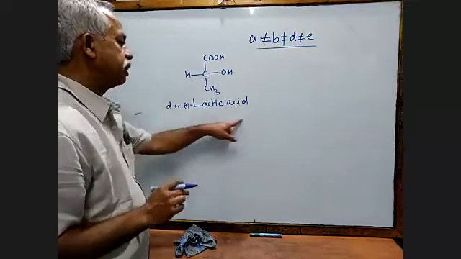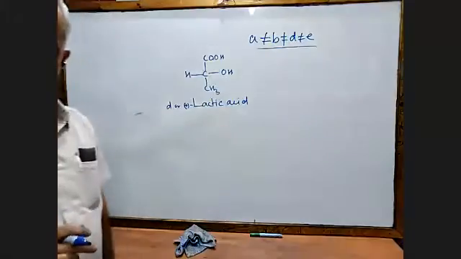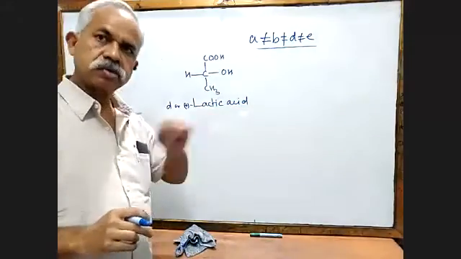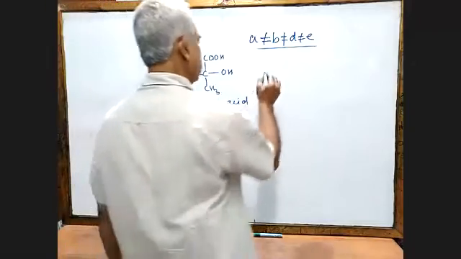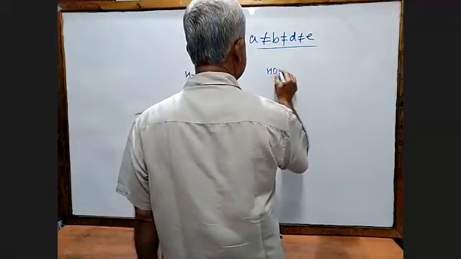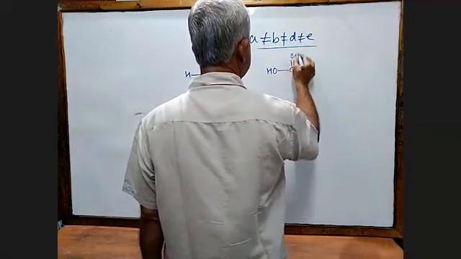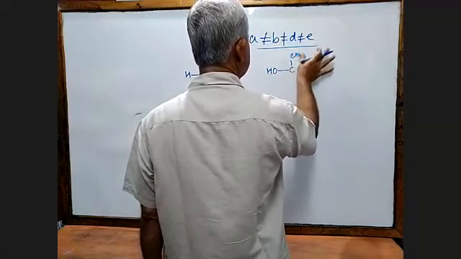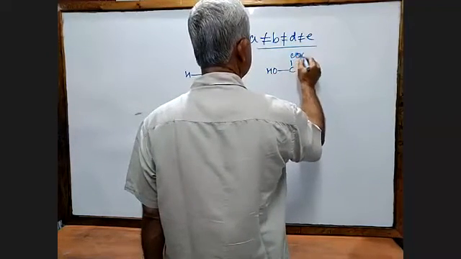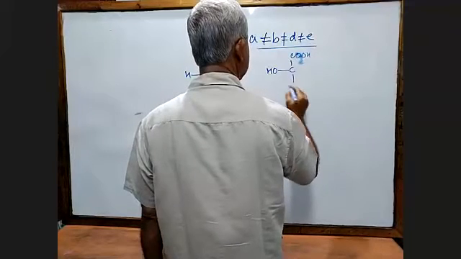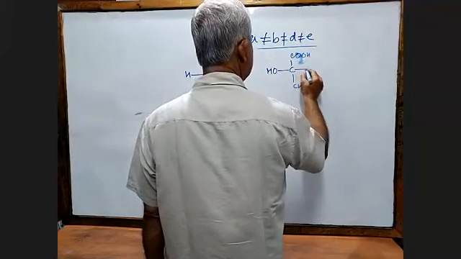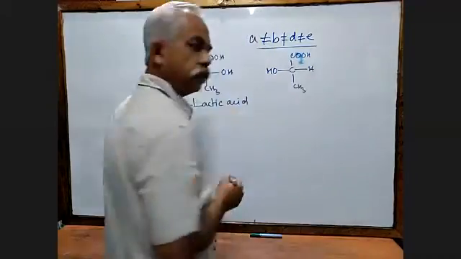So this is dextrolactic acid. Okay. Now it is also going to have another isomer. All right. So this isomer is going to have another isomer.